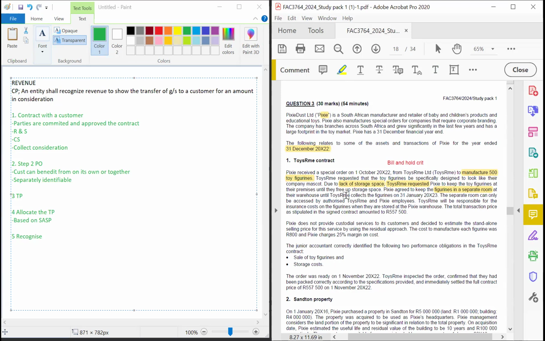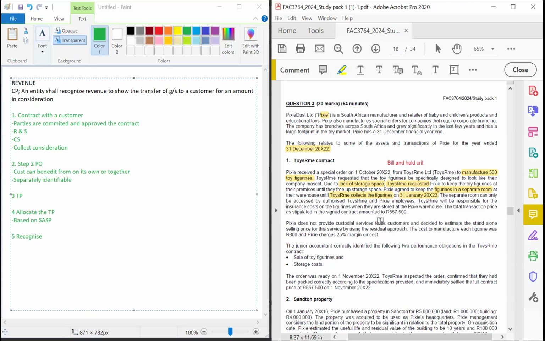So now they are held until Treasury collects the figurines on 31st January 2023. The separate room can only be accessed by authorized Treasury and Pixie employees. So these products are specifically made for Treasury. That's what we are getting from this paragraph.